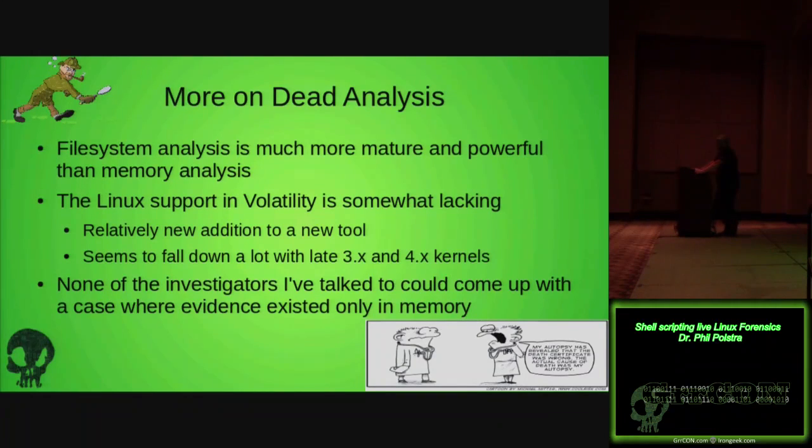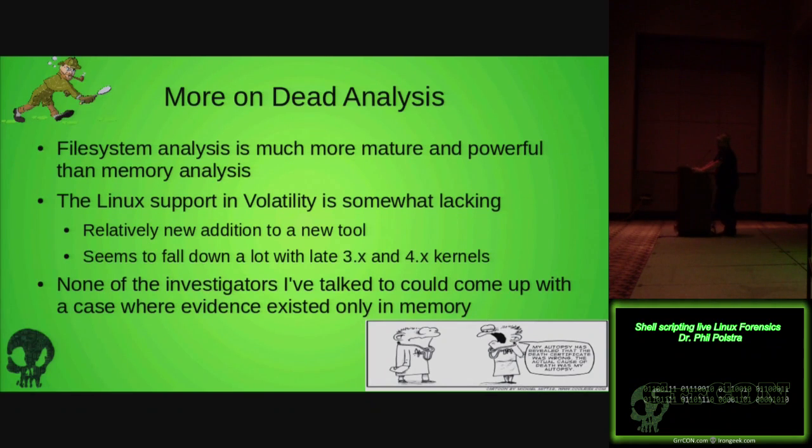Also, I have not found anyone who could point me to a single incident where something they discovered from a memory dump wasn't also discoverable somewhere else. Sometimes you might hear people debating whether you can even use things from Volatility as part of your case.